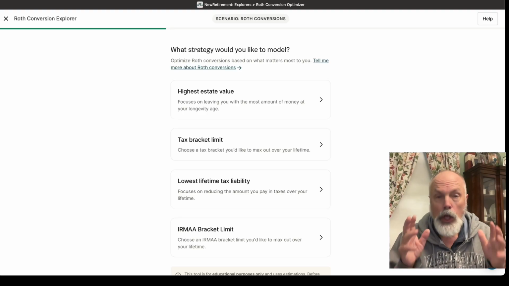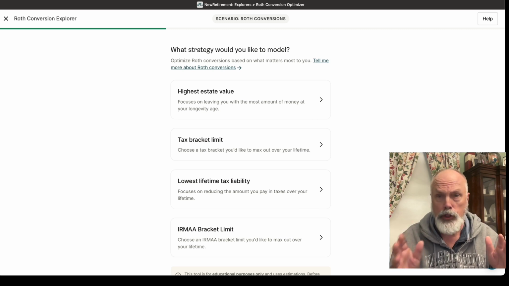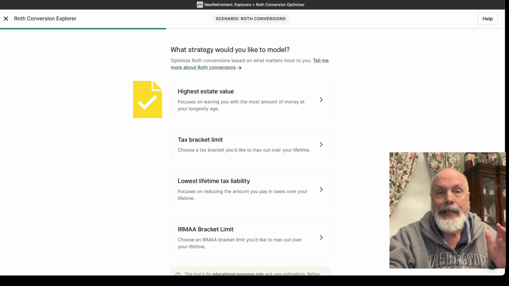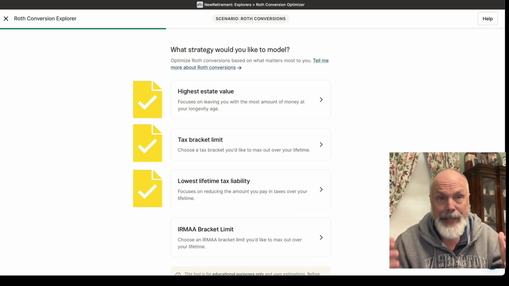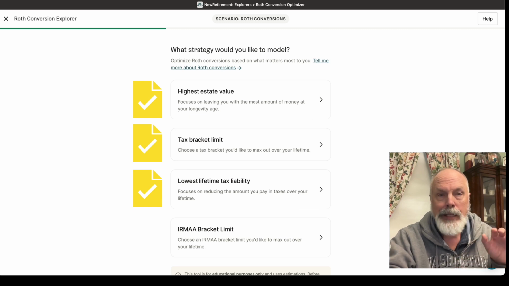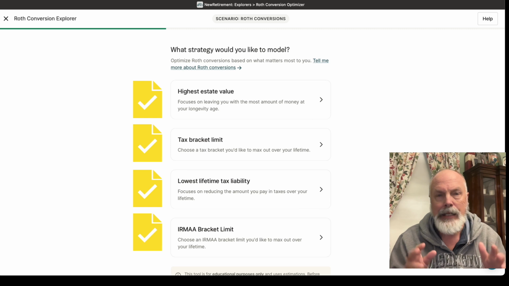Now, if you recall, NewRetirement has a basic free level as well as a Planner Plus level that includes a Roth Conversion Explorer. And that is a pretty detailed little tool that allows you to optimize your Roth optimization strategy over multiple years. And you can do it to hit the highest estate value, to stay within a current tax bracket, or to solve for the lowest lifetime tax liability, or to stay within levels that avoid income-related monthly adjustment amounts on your Medicare Part B and Part D premiums.